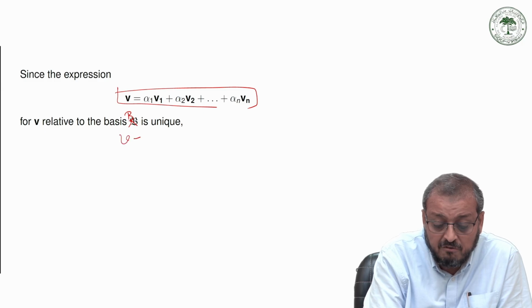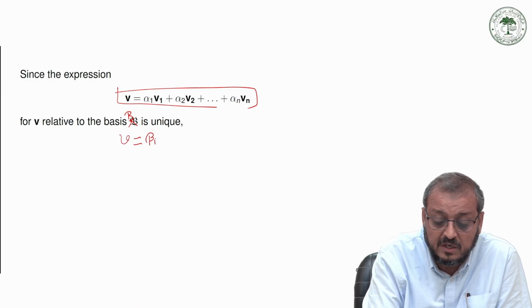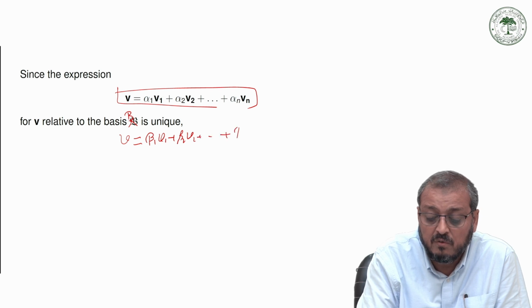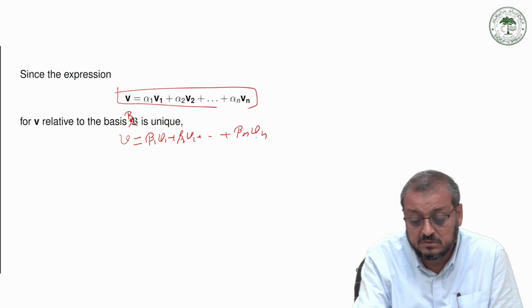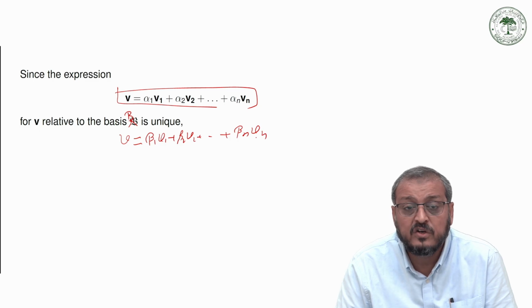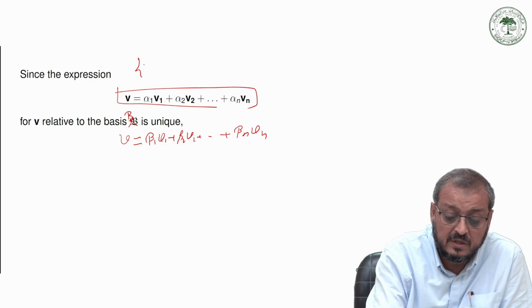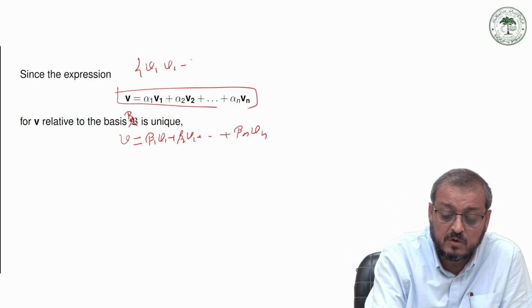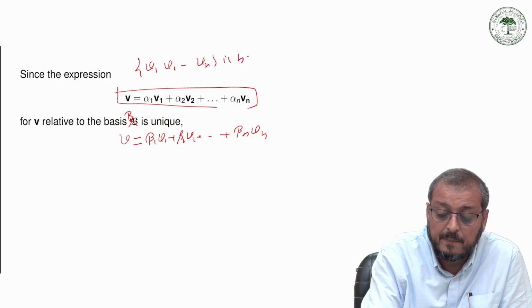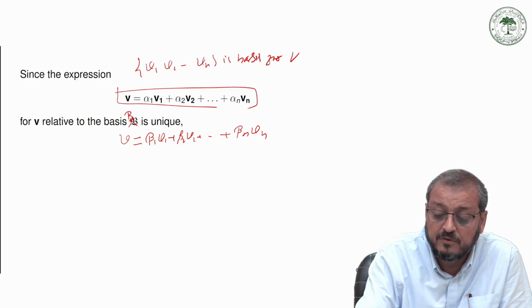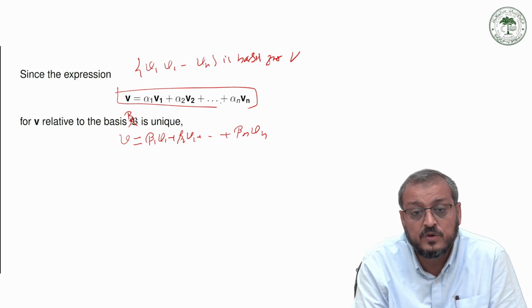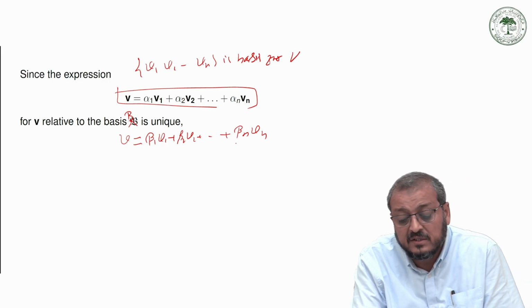Suppose we can write another representation, beta 1 v1 plus beta 2 v2 and so on, up to beta n vn. Clearly v1, v2, vn is a basis for the vector space V. So this expression is unique.